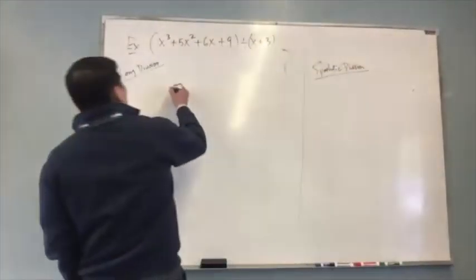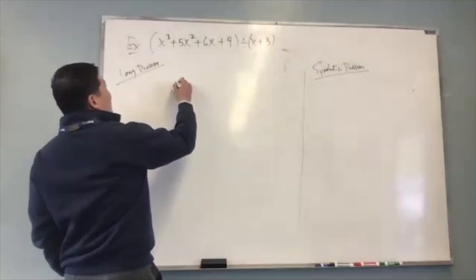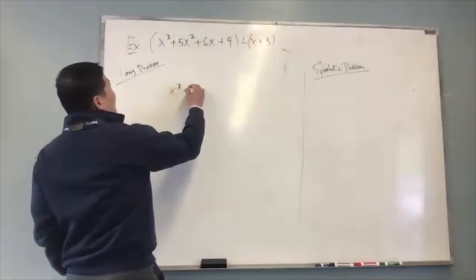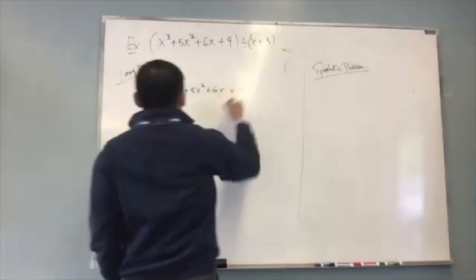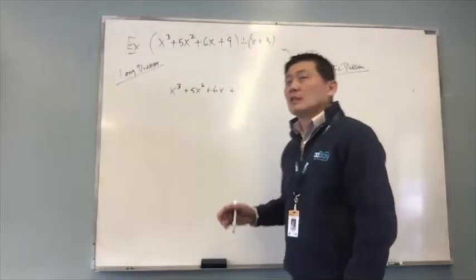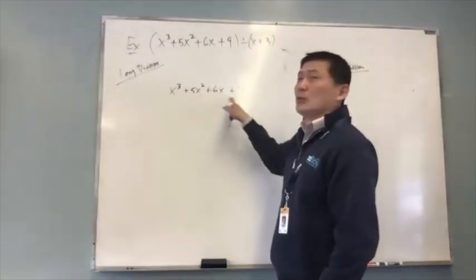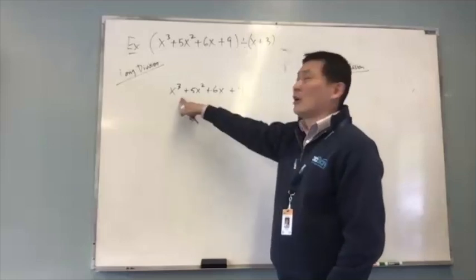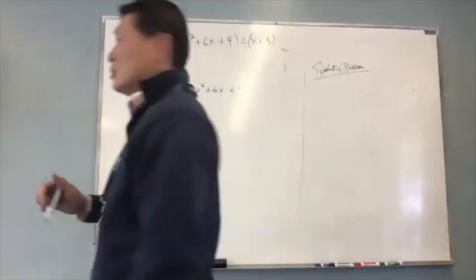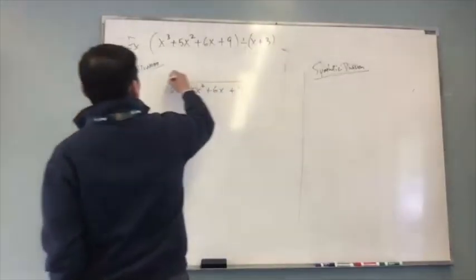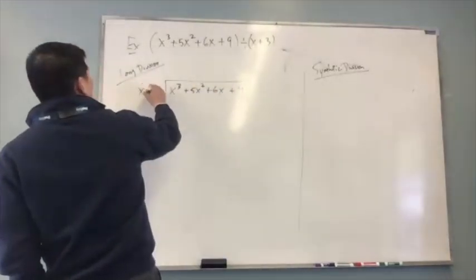All right, so this thing here, I'm going to just rewrite the whole thing again. X cubed plus 5x squared plus 6x plus 9. Now these are in descending order. There are 4 terms, power 3, no problem. I don't need to use any placeholder. Divided by x plus 3.